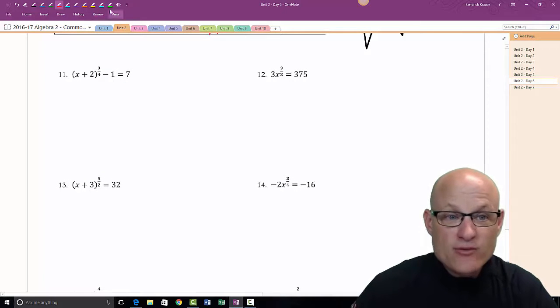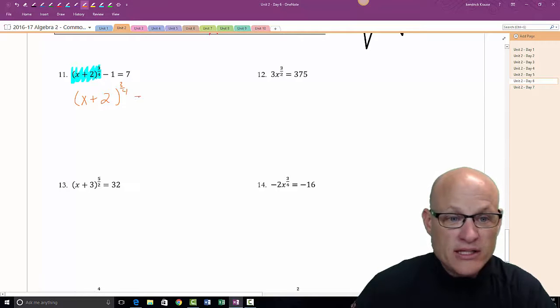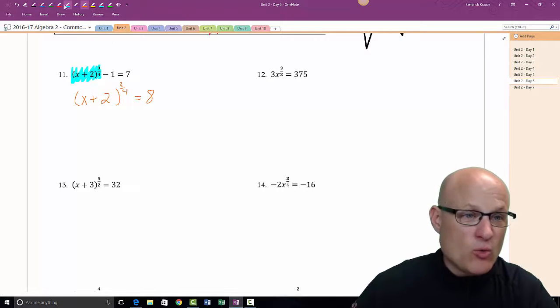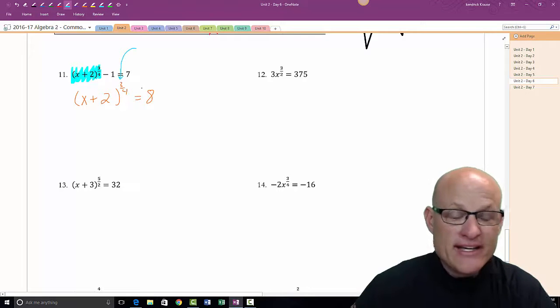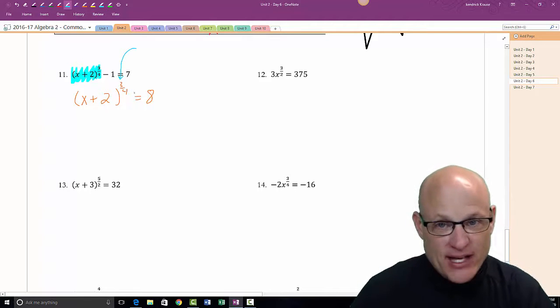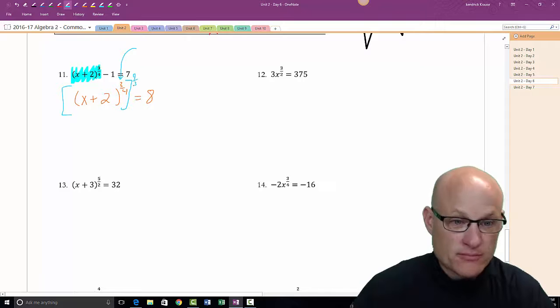So, rules still apply. You have to get the weird thing alone. There's the weird thing. We're going to get that all by itself. x plus 2 raised to the 3/4 power equals 8. The only way to get rid of this 3/4 right here is to raise it to the reciprocal. So I'm going to take this whole thing right here and raise it to the 4/3 power.